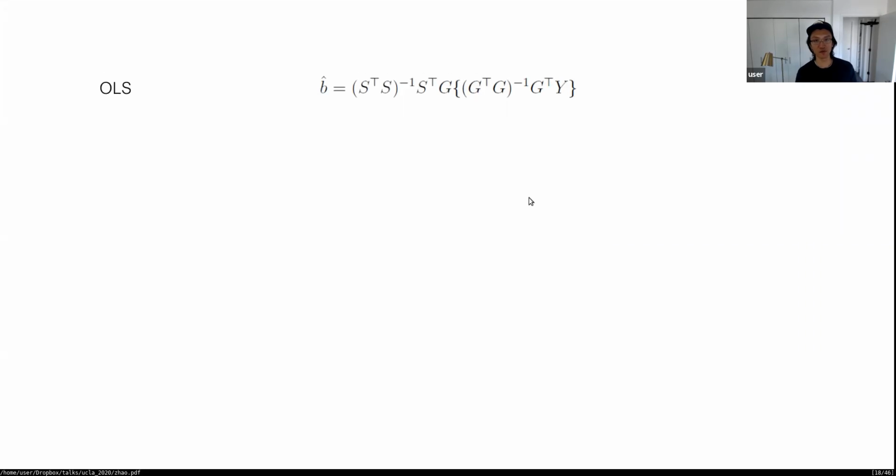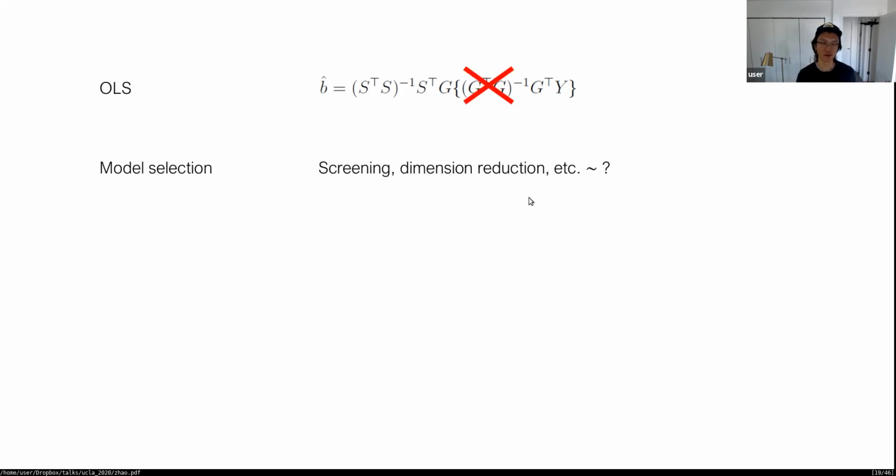I'm going to take you through a bunch of things that we thought about that don't work. First, obviously, OLS doesn't work because you can't invert G transpose G. Second, a lot of people have tried some type of model selection or dimension reduction. For example, screening the gene expression levels, going from 20,000 down to something manageable, 10, 20, whatever.